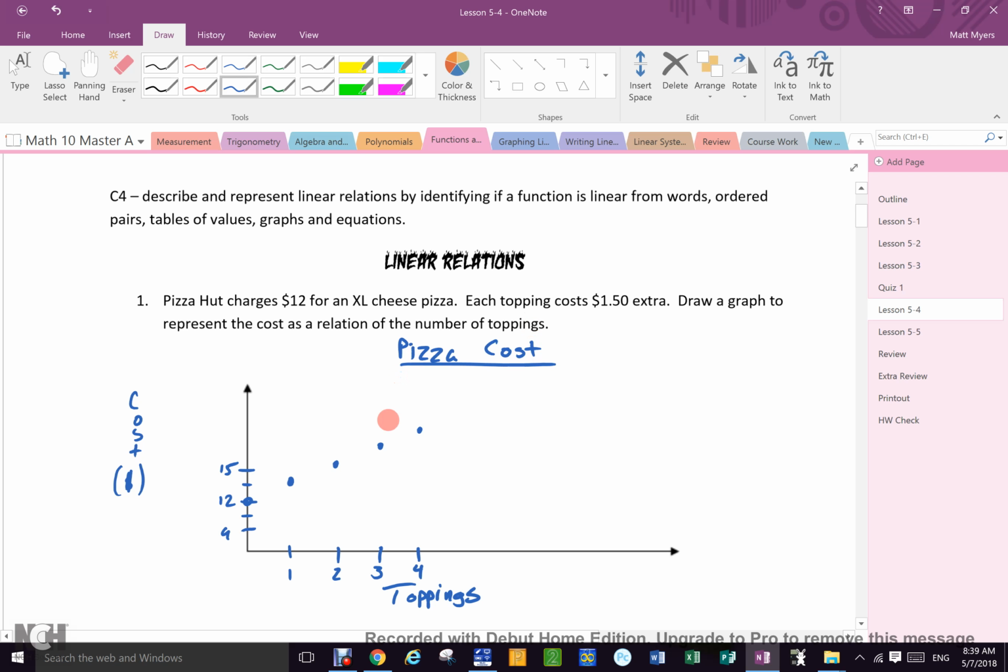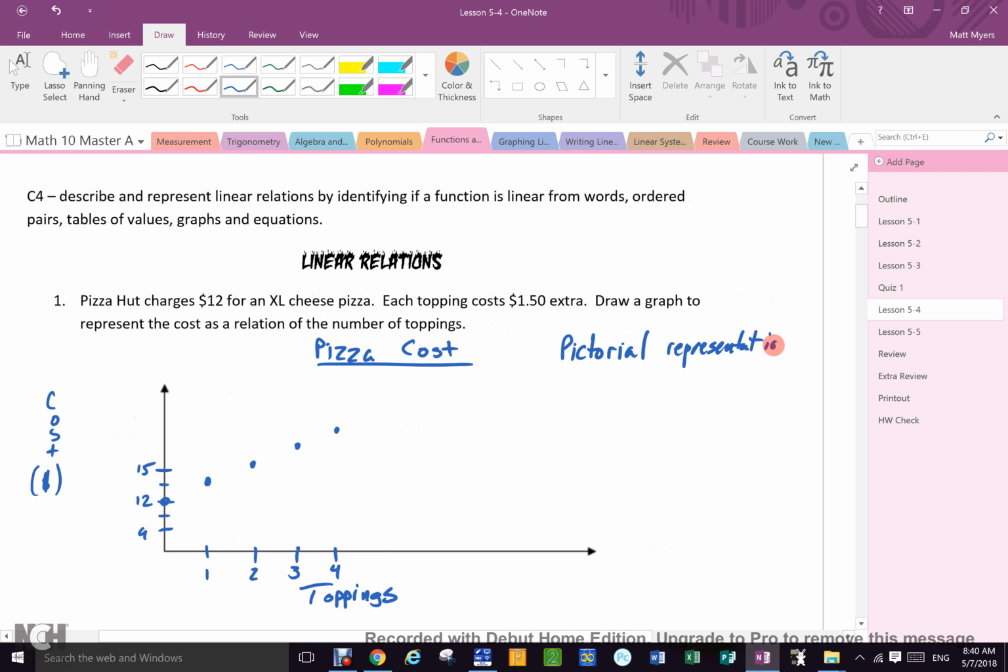This is a pictorial representation of a linear relation.